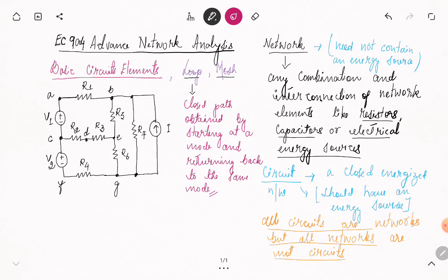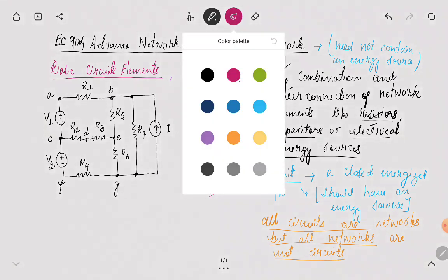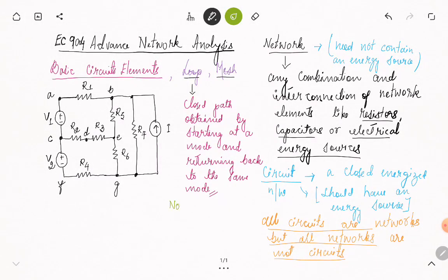When I was defining loop, we came to a term which is known as node. What is a node?